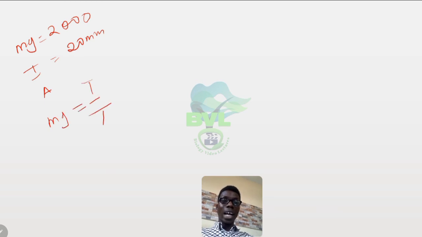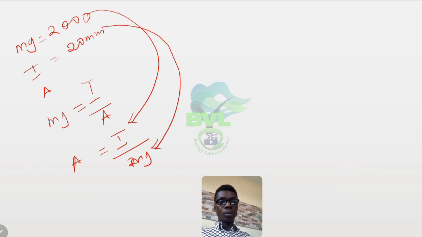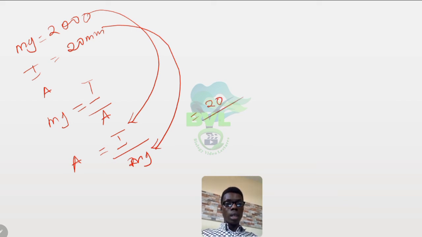The magnification is equal to 2000. The image size is 20 millimeters, and we're looking for actual size. The real formula is image over actual size. Then we make actual size the subject of the formula, so it's going to be image divided by magnification. If you input these two things, it's going to be 20 divided by 2000.